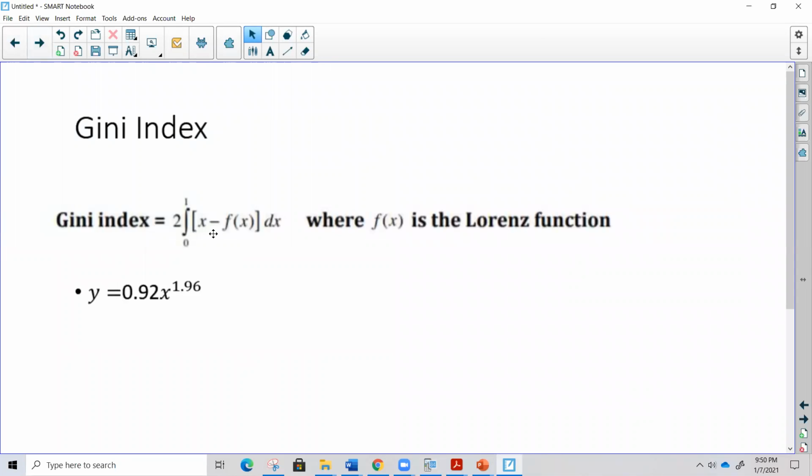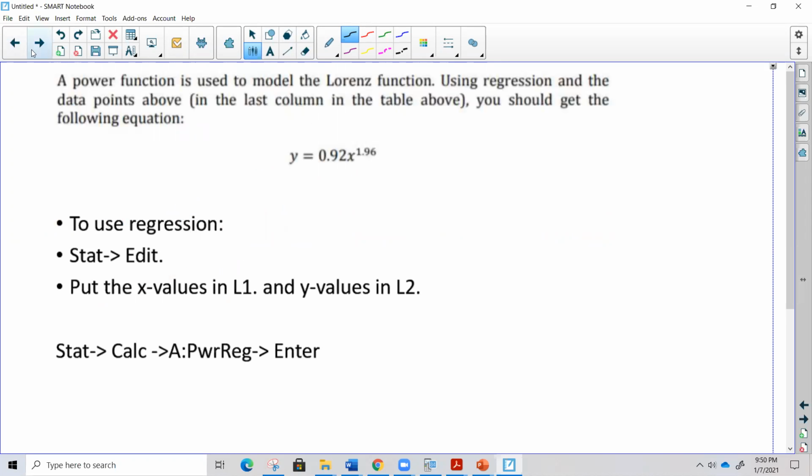And then the question is going to say for the Gini index. So this part you can't do until you do the area between 2 curves module, which is in unit 3. But the other part you can do way ahead of that. But I'm going to show you just as an example of how to do this. So we found the Lorenz function. This is what we found here for our power function.